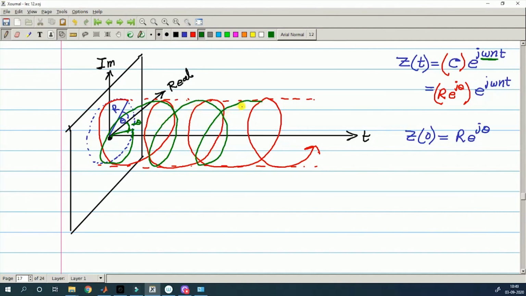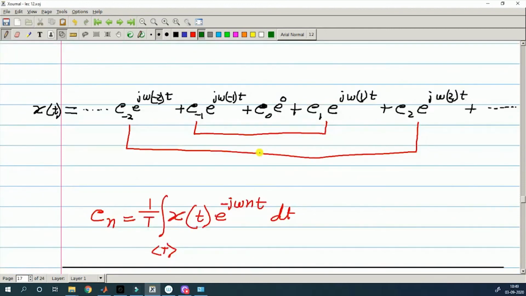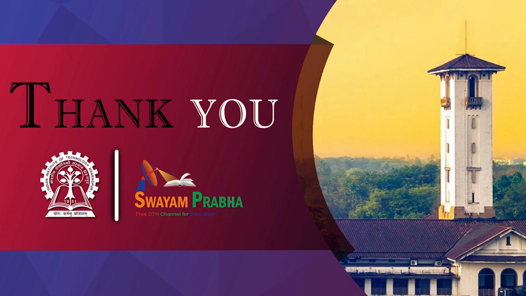So that at any point of time their imaginary components are equal and opposite and will cancel each other. So the sum of these two signals will always be real. Okay, the sum of this plus this is always real, the sum of this plus this is always real, and they all occur pairwise. So that's all for today.